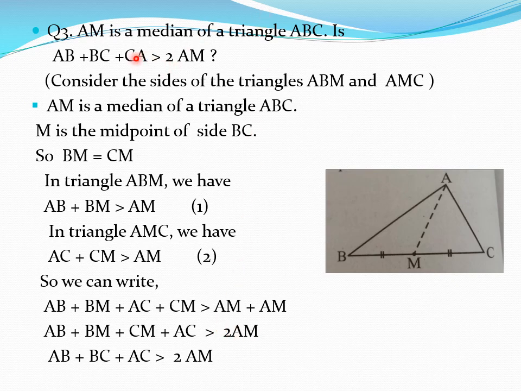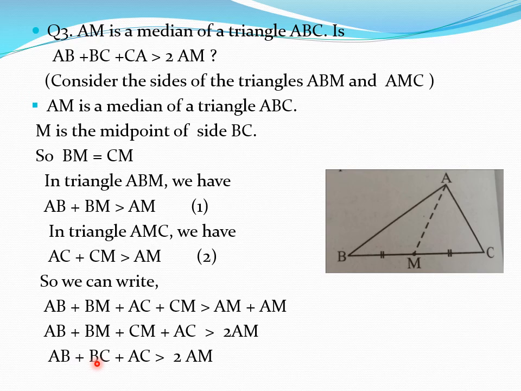Okay, so AB plus BC plus CA. Here see children, now here I have written BM and CM nearby, BM plus CM. And you know from the figure, what is BM plus CM? It is BC. So instead of BM plus CM we write BC.